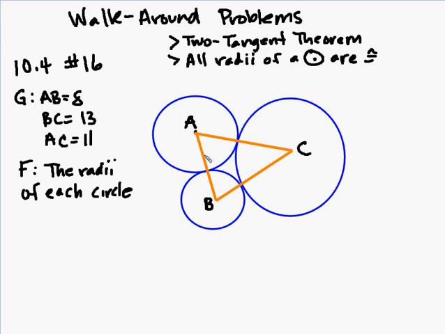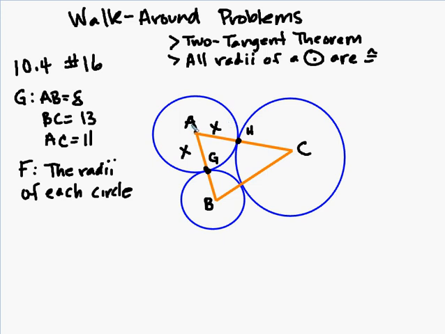In this case, we're going to say that from A to the point of tangency of circle B is going to be x. I'm just going to label this point G. That means that A to this other point of tangency, which I'll call H, is also going to be x.